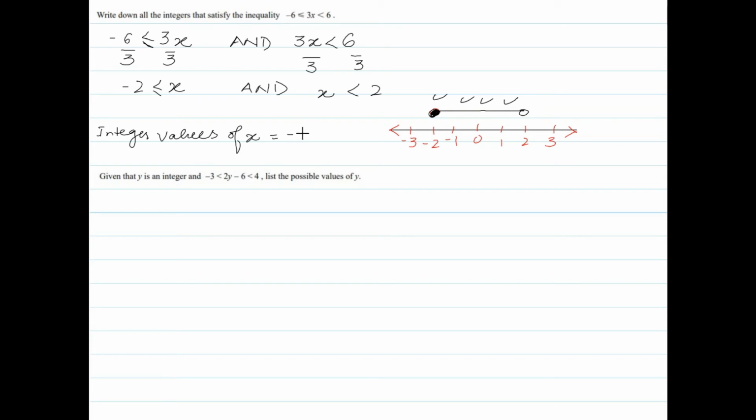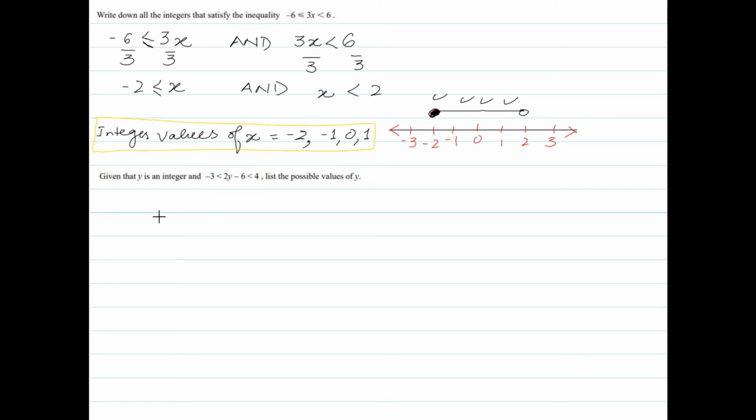So minus 2, comma, minus 1, comma, 0, comma, 1. So these are the integer values within this range. This is my answer. You need to write all the integer values. If you miss any one of them, you will lose some marks.